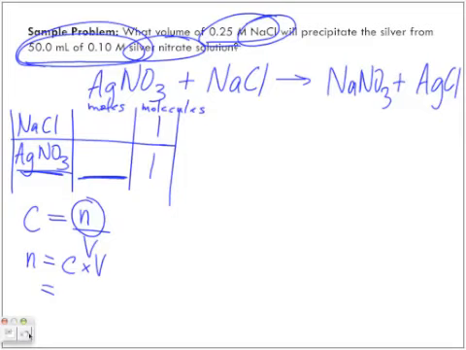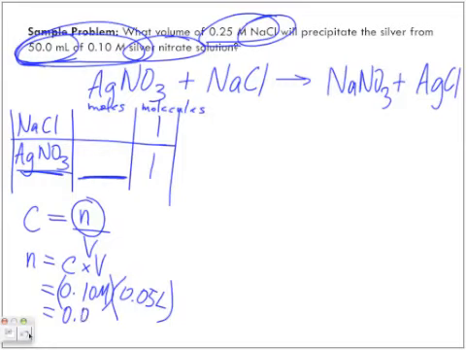So my concentration is 0.10 moles per liter times, we want to convert 50.0 milliliters to liters, and it's 0.05 liters. When we multiply the two together, we get the number of moles of silver nitrate, which is 0.005 moles.